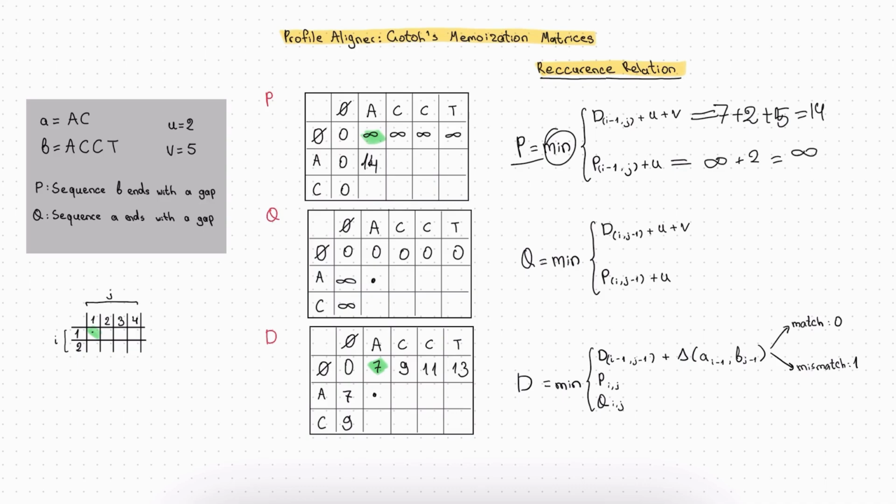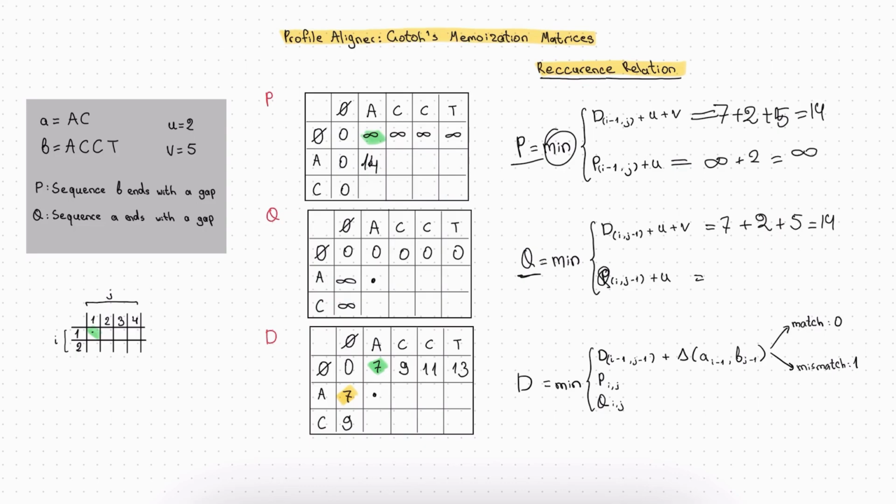Now let's move to matrix Q. Again, this is referring to the matrix D, but instead of taking it a row above, it's taking a column next to it because we have I and j minus 1, which is a cell over here. Again, this is equal to 7, and we want to add the cost of extending a gap and cost of inserting a gap, which is 14.